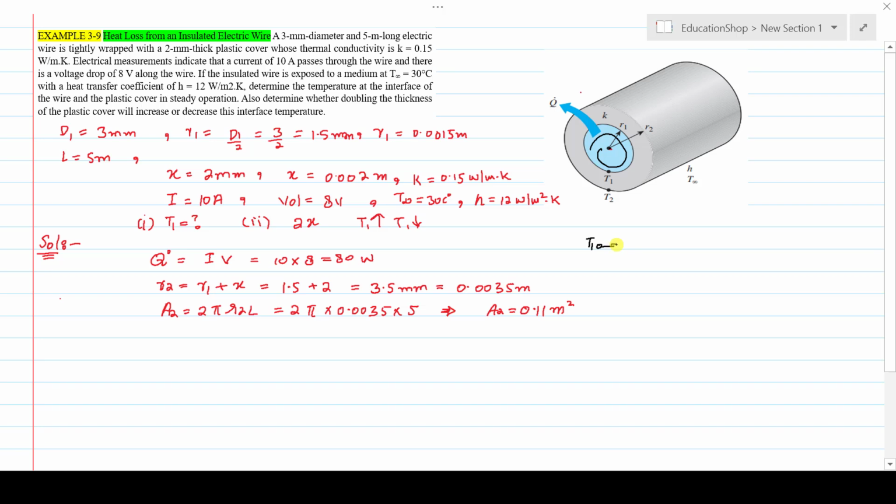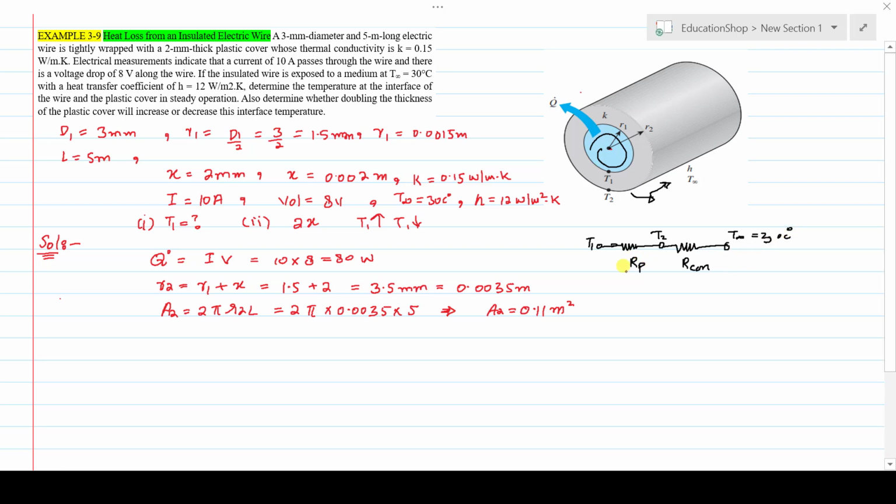This is, let's say, RP, the resistance offered to the heat transfer by this plastic cover, and then heat is transferred through the surrounding medium, and the mode of heat transfer is convection heat transfer. And similarly, the resistance offered by convection heat transfer is, let's say, R convection, and then the temperature drops to the outside temperature T infinity, that is 30 centigrade.